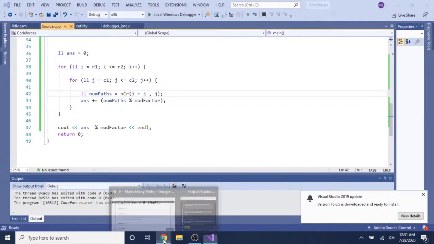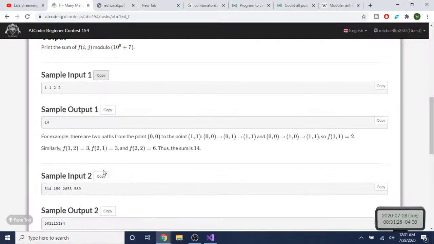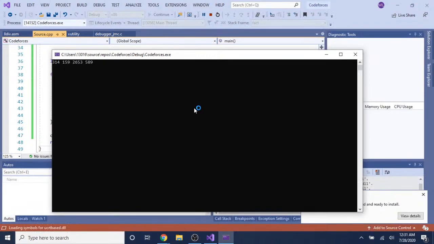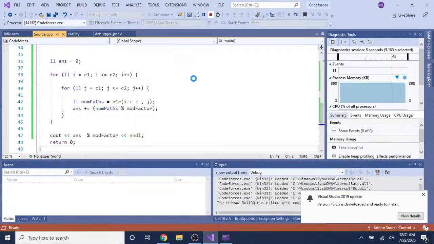Okay, so that's right. We are getting TLE. Why are we getting TLE?